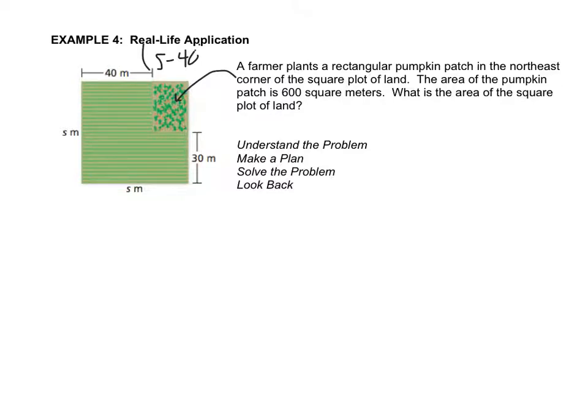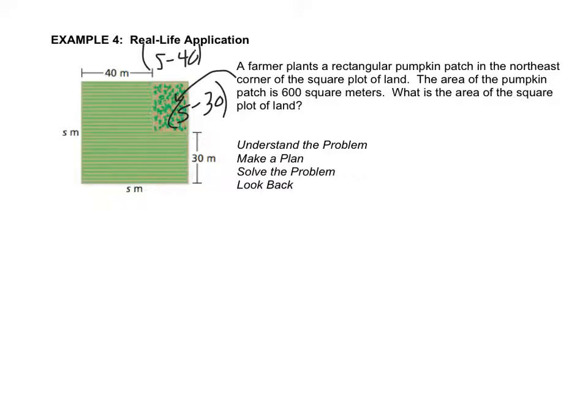So hopefully that makes sense, that S minus 40 would be that upper piece there. On the same idea, if I'm looking at this over here, this whole thing is S meters. Over here, this first piece is 30. So the remaining piece over here must also be S minus 30 to give me whatever that piece is in that upper part of the rectangular pumpkin patch.